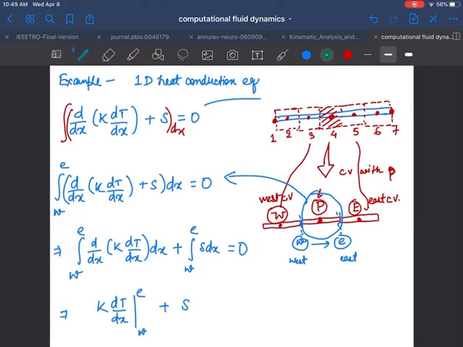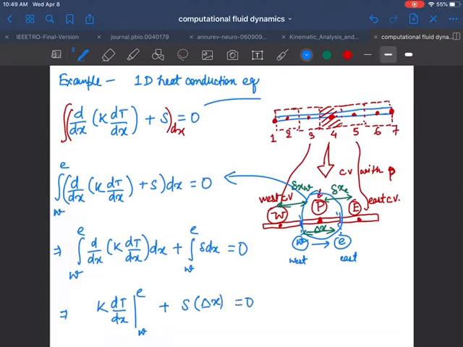So from east to west, this control volume will have a length of delta x, and from P to E, capital P to E, the length is delta x_e, and from P to W the length is delta x_w. So this length here from E to W is nothing but delta x, is equal to 0.